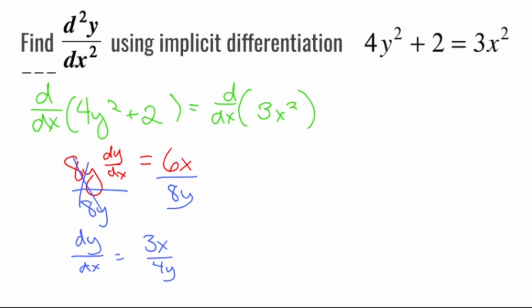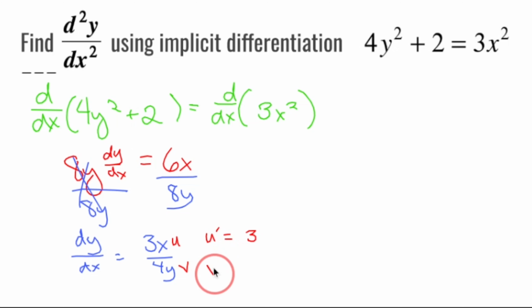Now, the derivative of this guy. The second derivative is going to be me taking the derivative of this guy right here with respect to x. So this is going to require quotient rule. So I'll call you u, I'll call you v, right? And so I need to find u prime, which is going to be 3.